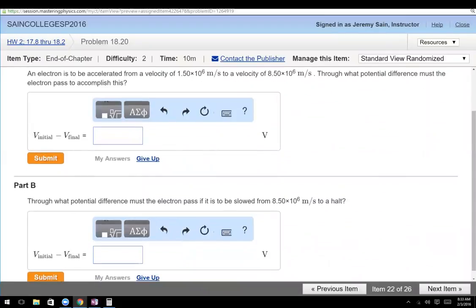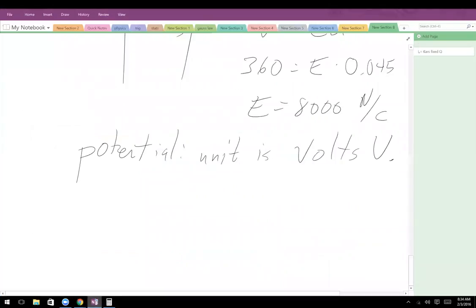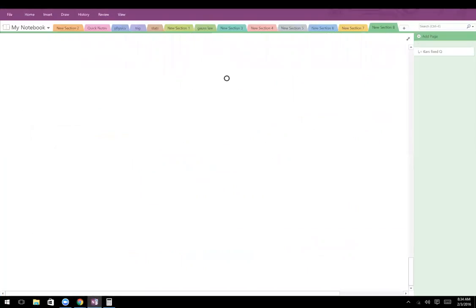So I've got 1.5 to 8.5. So I'm doing an electron. I want to go from 1.5 times 10 to the sixth meters per second to 8.5 times 10 to the sixth meters per second, right?